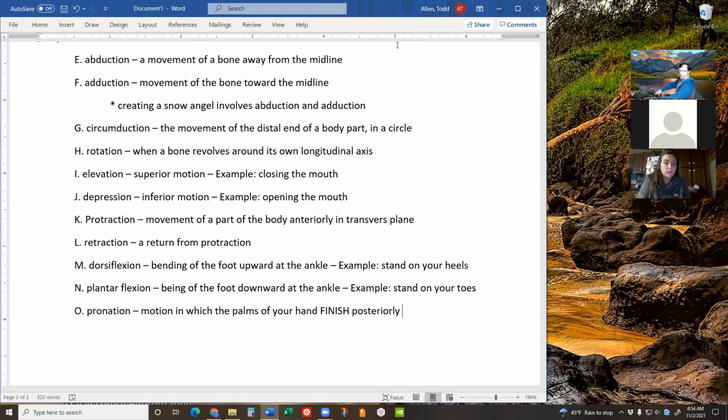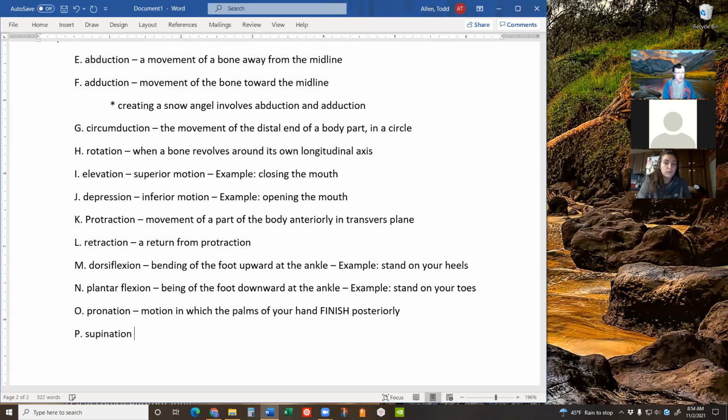Supination is when you start with your palms posterior or down from this perspective, and I rotate my thumbs away from the midline so that my palms face up, or if I go back to anatomical position, my palms face forward, okay? All right.